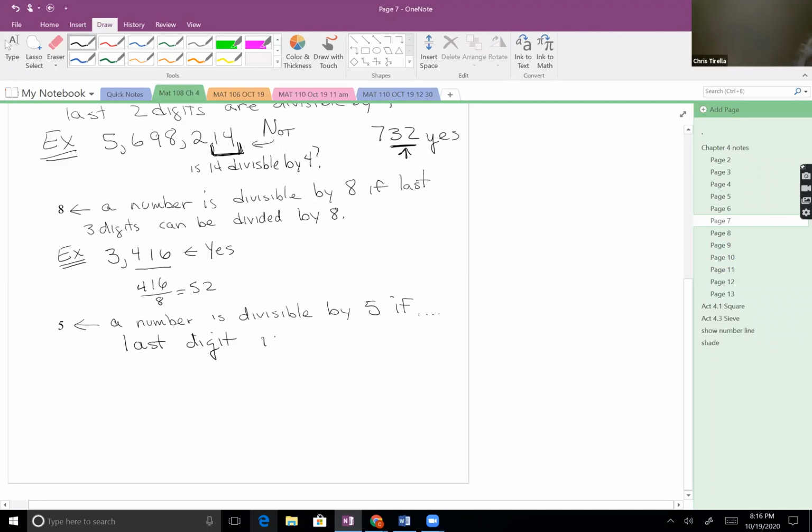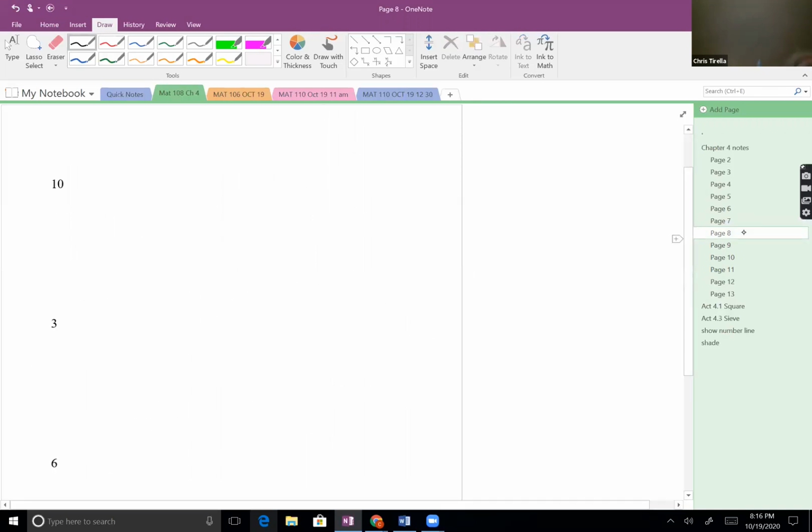The last digit is 5 or 0. And I think everybody's probably familiar with that. Yes, if it ends with a 0 or a 5, you know it's divisible by 5. Next one is pretty, oh, I apologize, I was skipping one.